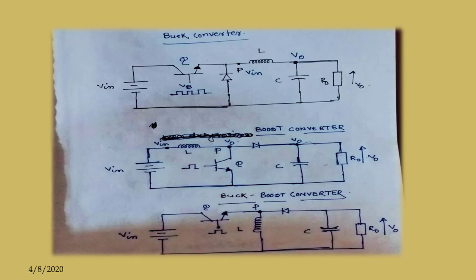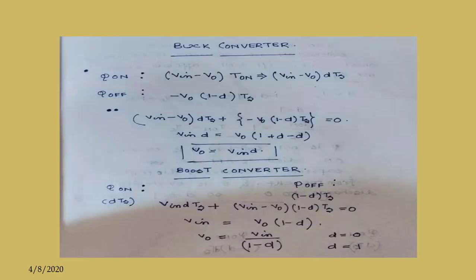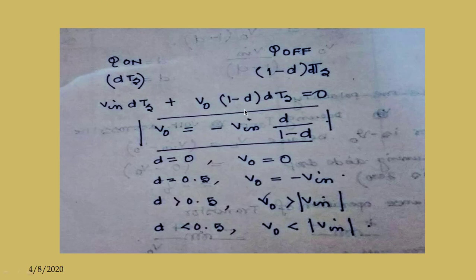So here the voltage will appear V0, during the off period, that is (1 minus d) into Ts.